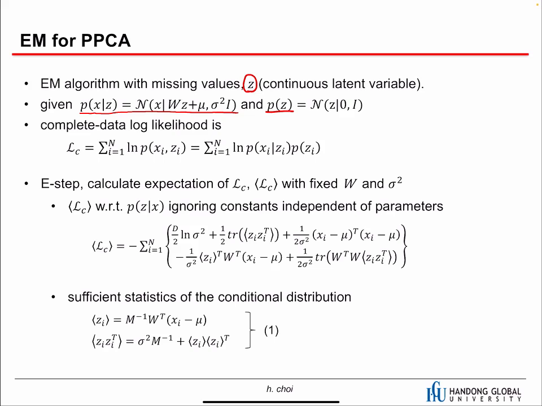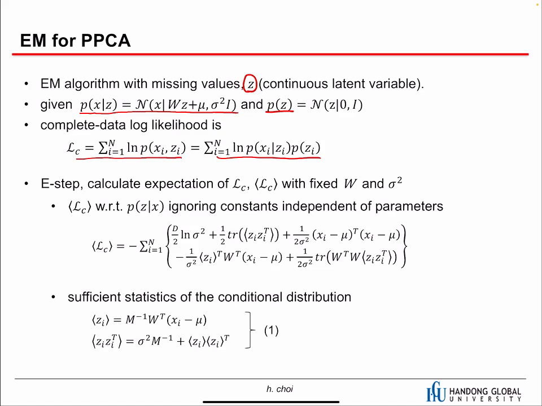Do you remember in the k-means algorithm or mixture of Gaussians, we assumed that we know which component the data sample belongs to. Then we update it, and after updating, we reassign and update again, iteratively. So for now, let's assume that z is given. Then the complete data log likelihood is like this.